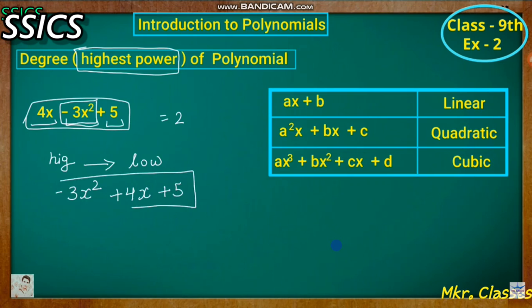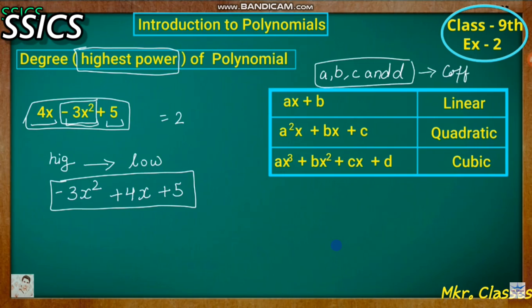According to the degree of polynomials, we can consider them as different types of equations. If the degree of an algebraic expression is 1, we call it a linear equation. ax plus b, where a, b, c, d are coefficients or variables.